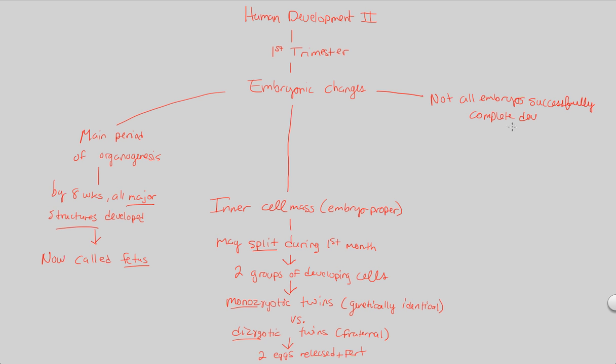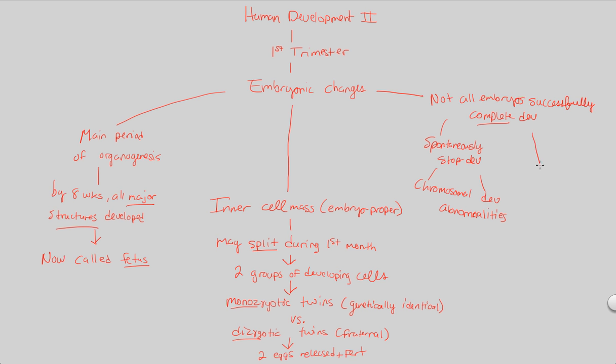Sometimes they will spontaneously stop development. And if this happens, this is often due to either chromosomal or generally speaking, developmental abnormalities. So both of these are abnormalities that would possibly cause the ceasing of this development spontaneously.